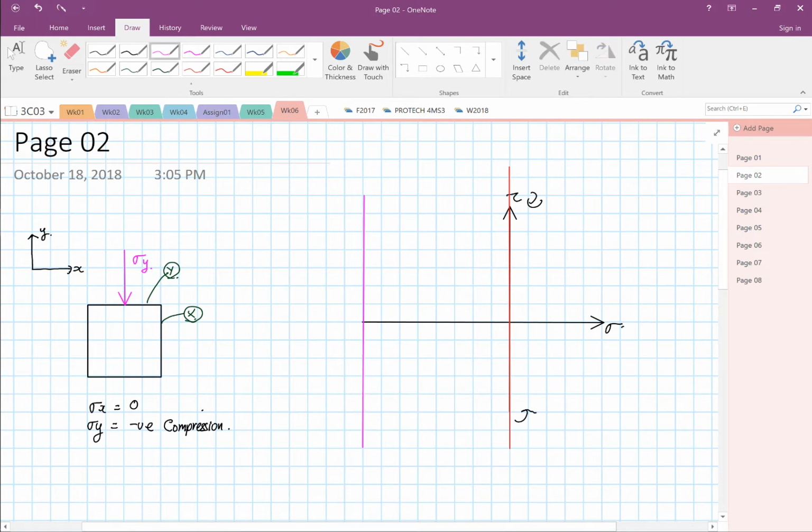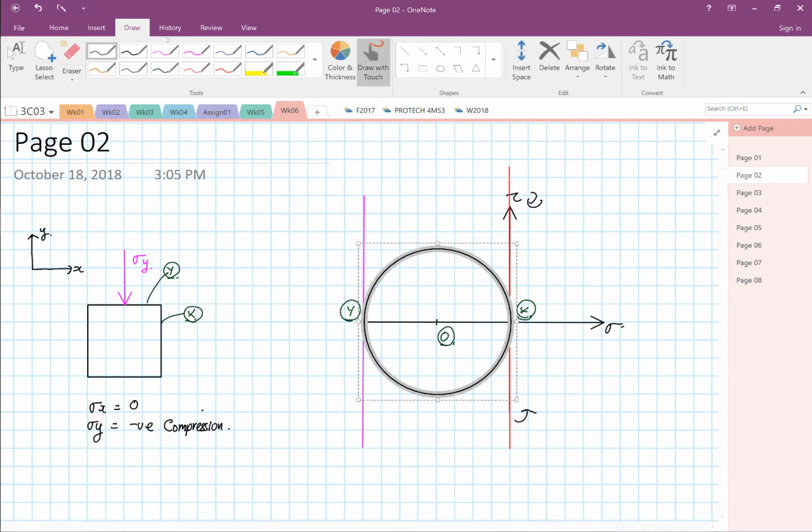Okay, so we are aware that this is your point X, over here is your point Y, so this is your point naught, the center of your circle. You can construct Mohr circle with this. Now you just use your compass, just draw a circle around it.